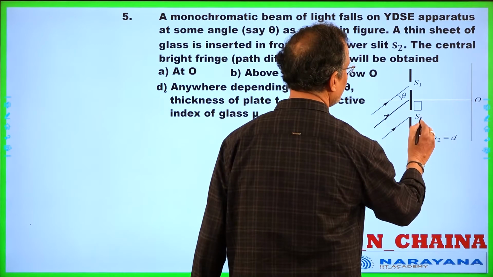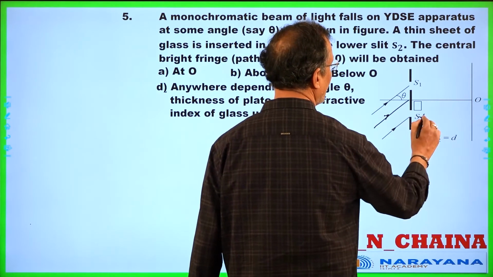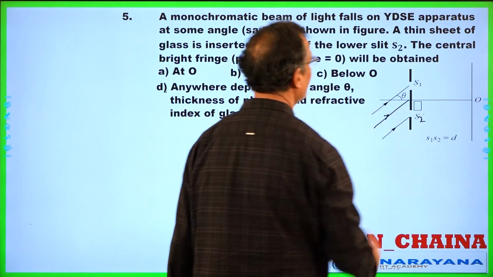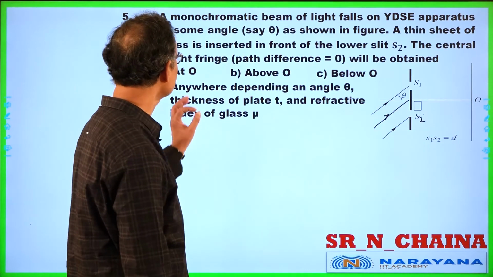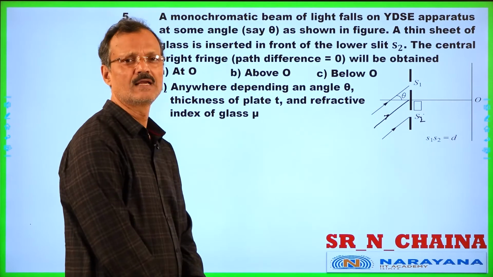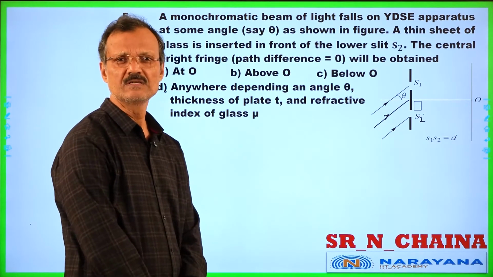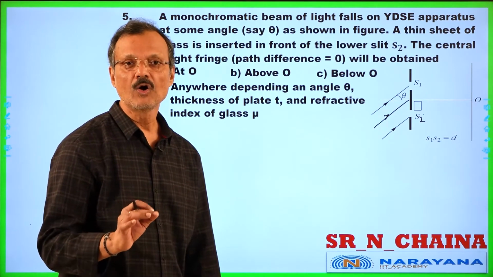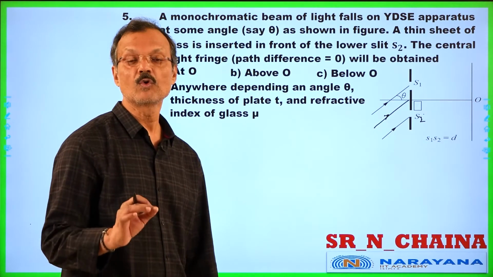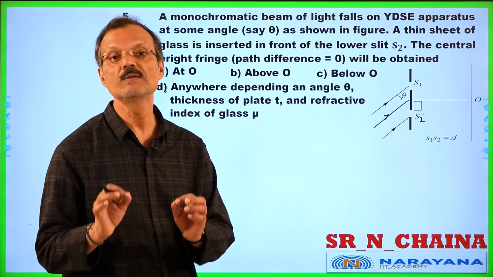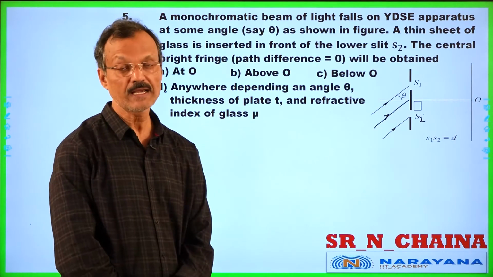So this will be S2 and you are introducing this one here. The central bright fringe you are obtaining at any point where the optic path of coherent waves emanated from S1 and S2 will be equal. Am I right?